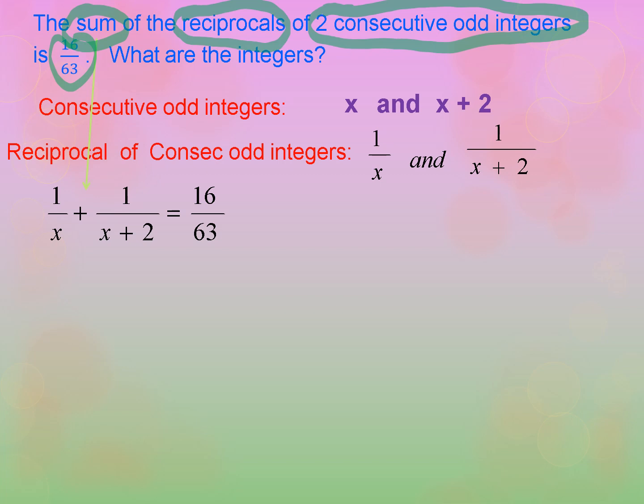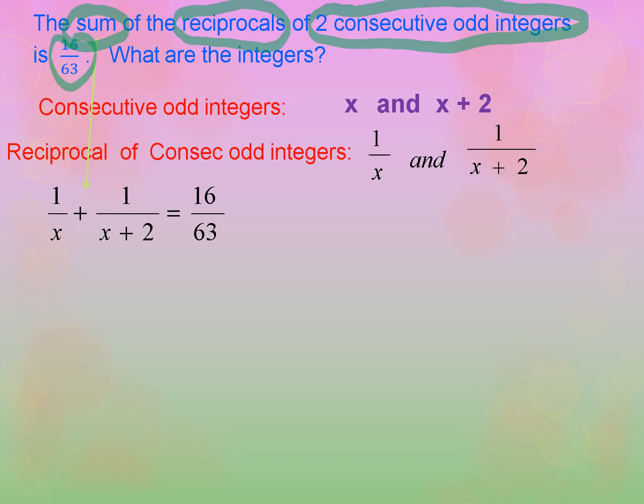Now, there's a couple of different ways to solve this. You can find the LCD of the entire problem and clear the fractions. You can get a common denominator of all three parts and then set the numerators equal.